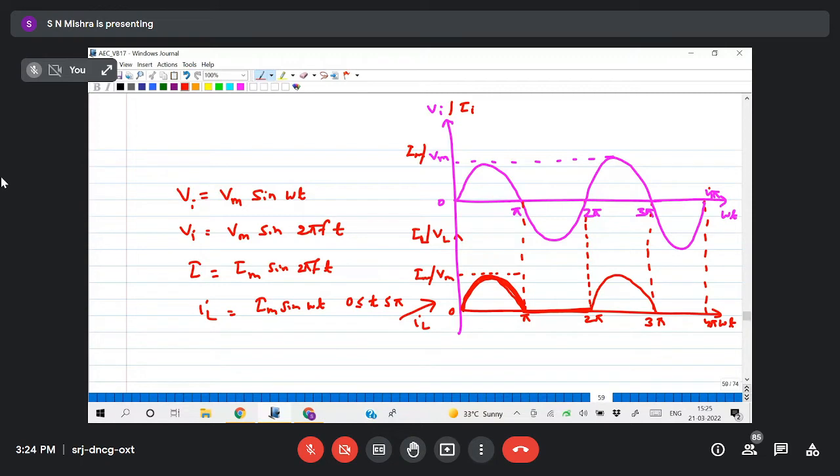Whenever omega t is 0 to pi, IL equals Im sine omega t. Yes or no? From here to here, it is changing like a sine function. Now pi to 2 pi, what is the result? 0, constant. So for omega t from pi to 2 pi, we are getting 0.